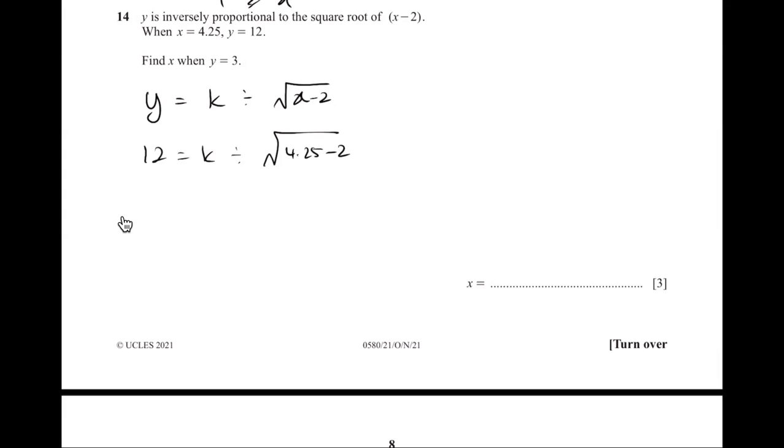So here k equals 12 multiplied by the square root of 2.25. Y equals 18 divided by, just put it in, find x when y is 3.